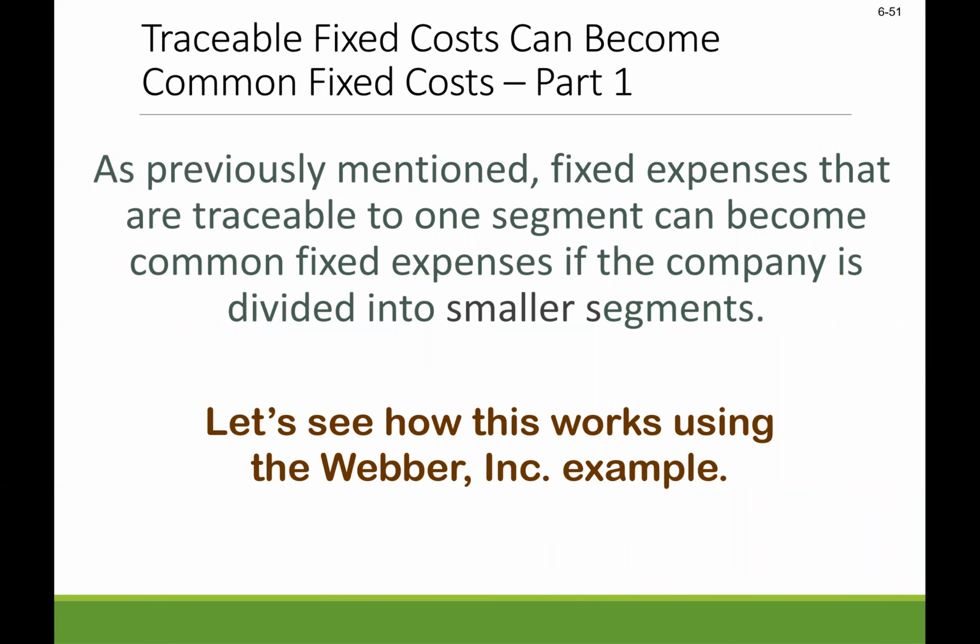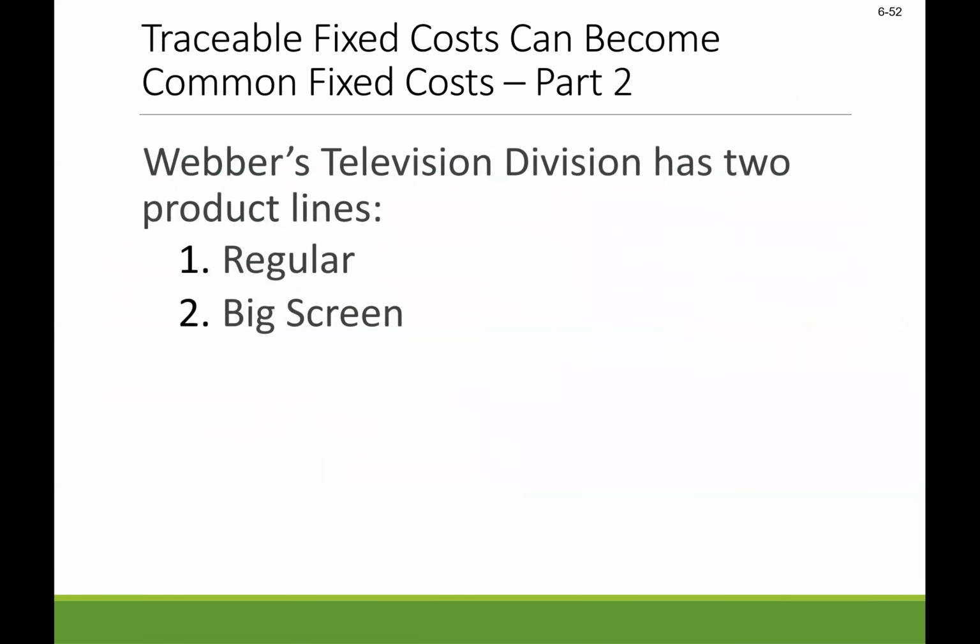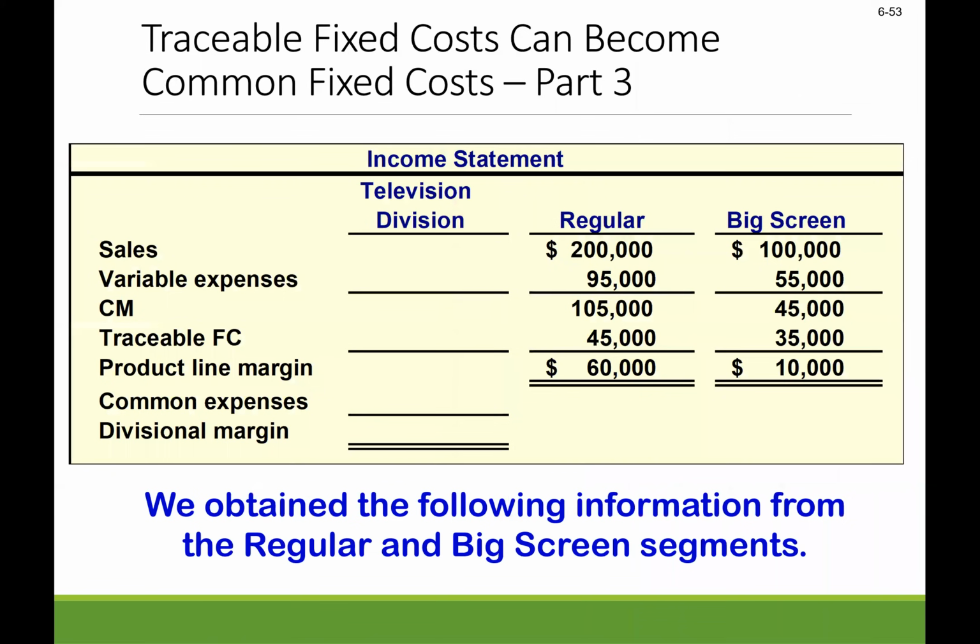Fixed expenses that are traceable to one segment can become common fixed expenses if the company gets divided into smaller segments. Weber has two kinds of TVs, regular and big screen.